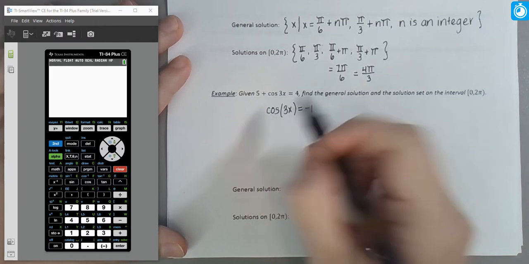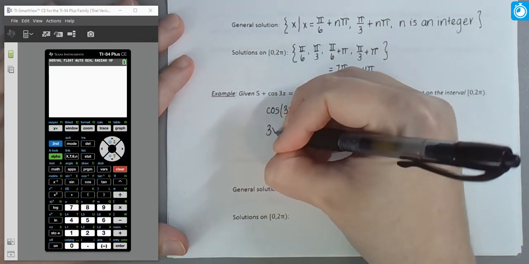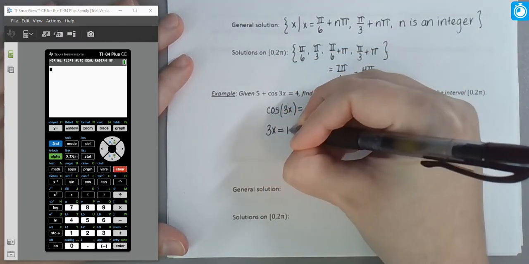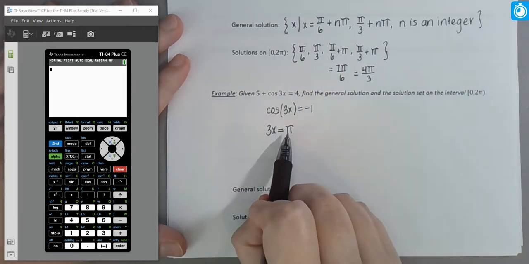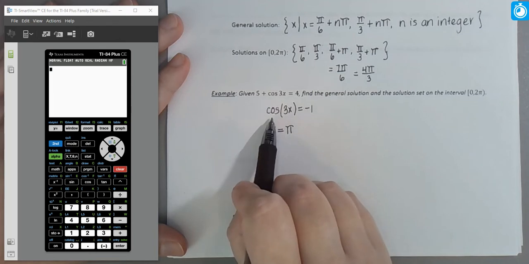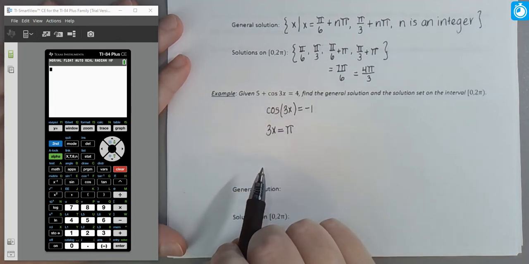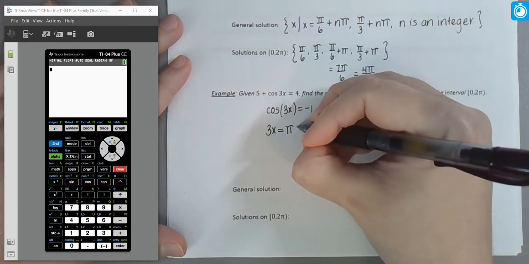So that means our input, 3x, is equal to pi, or in general, pi plus our additional full rotations. Again, cosine has a period of 2 pi. It repeats after full rotations.